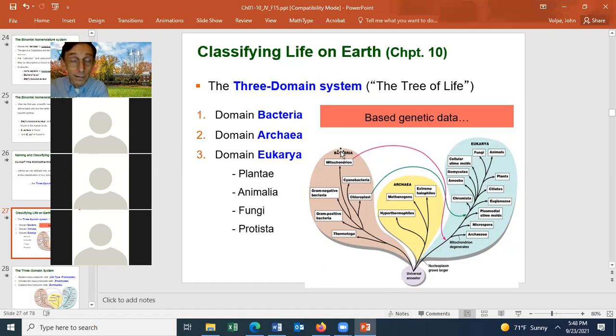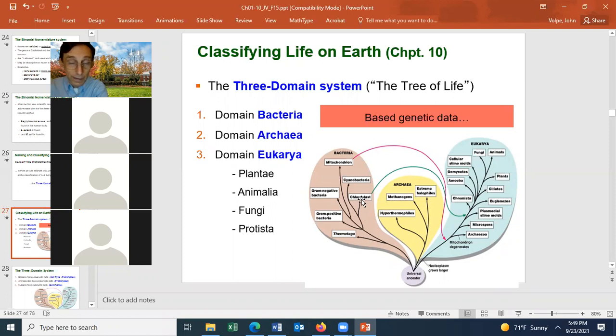Why we classify all living organisms into 3 domains is we classify organisms based on genetic data, meaning all of the bacteria are more similar to each other genetically than an organism in any other domain.